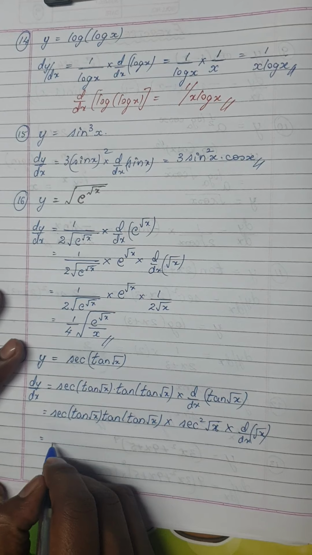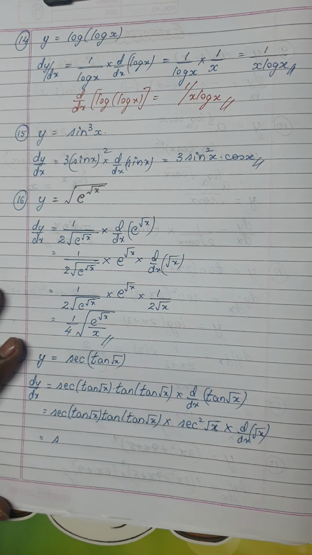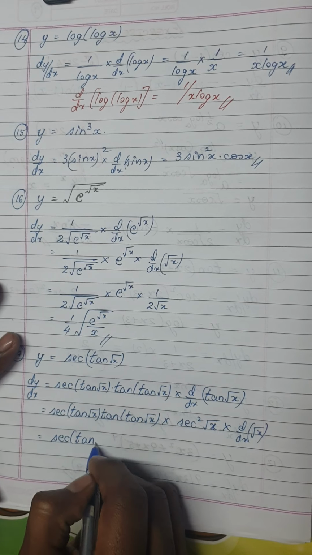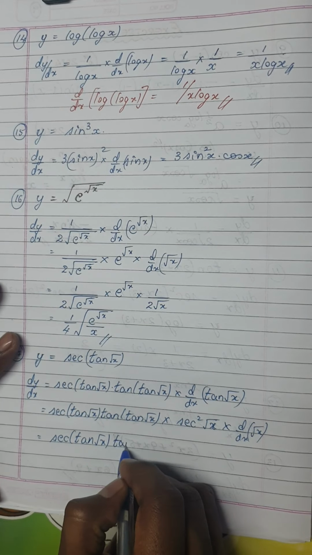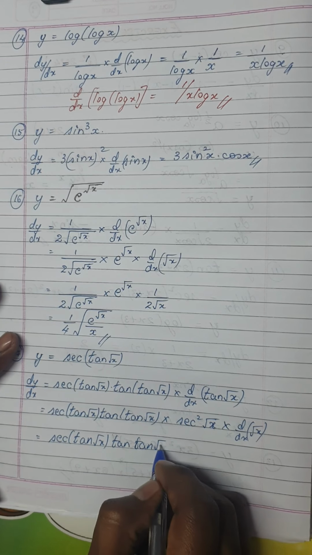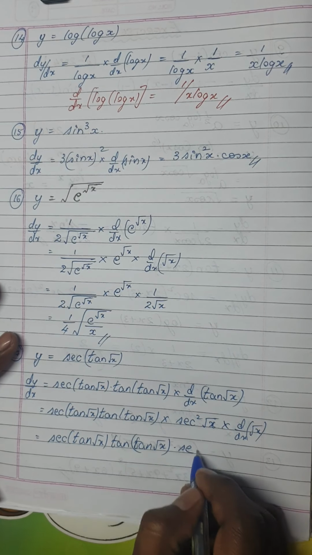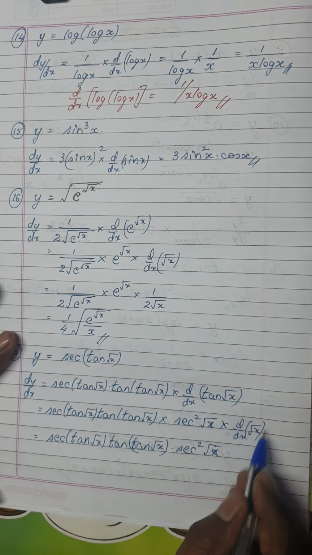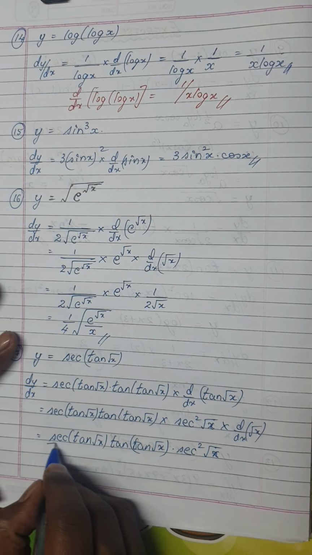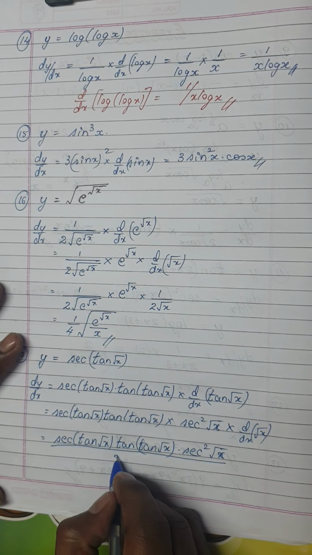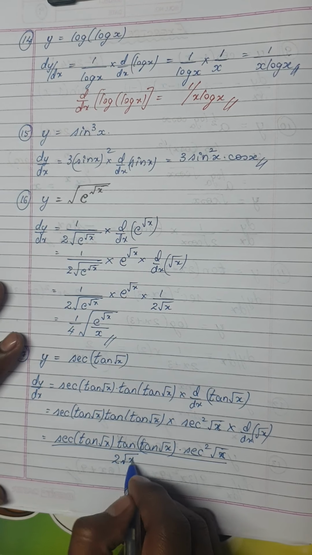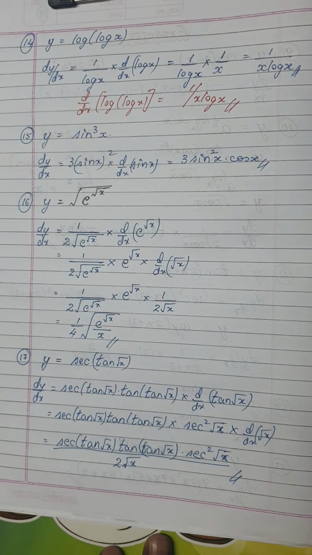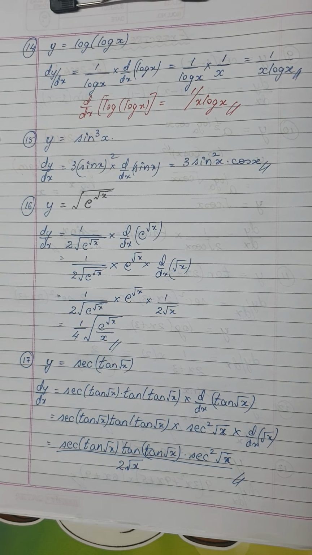So this is nothing but, you can write it as, see, I have secant of tan root x into tan of tan root x into secant square of root x, and then what is the derivative of root x? It is nothing but 1 by 2 root x, so I'll write it as whole divided by 2 root x. Okay, you can only do this kind of problems if you have practiced well. Okay, fine.